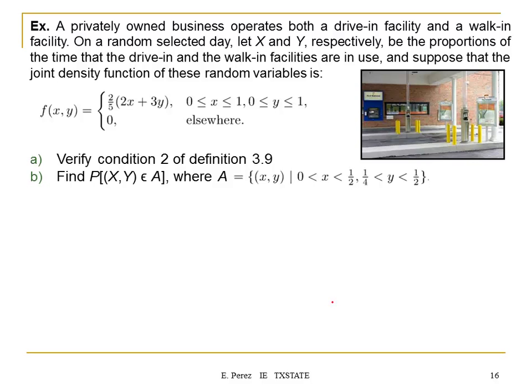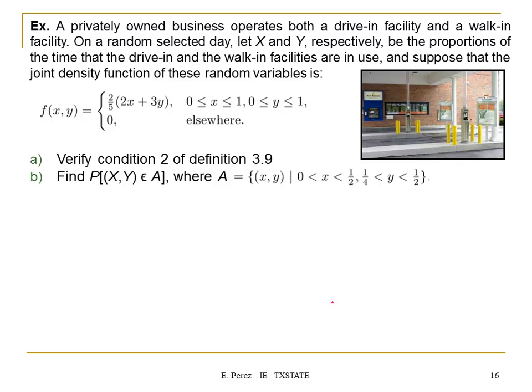Let's try to solve this problem based on those concepts. So again, now we are dealing with continuous random variables, and we're going to apply those concepts for joint probability distributions, but for the continuous random variable. This is an example in which we have a privately owned business which operates both a driving facility and a walking facility.